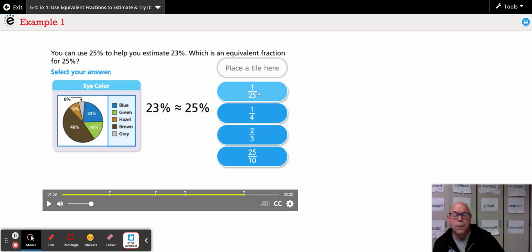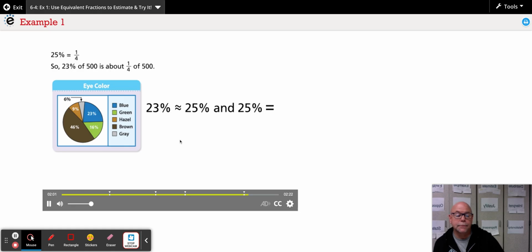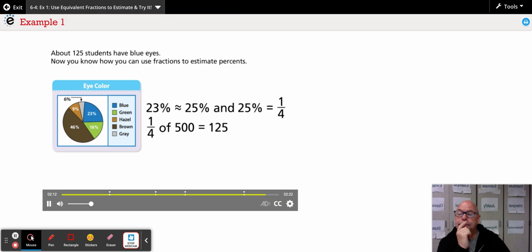So you might see the 25 here and be tempted to do 1/25th, but that would not be correct. 25%, think of money, right? 25 cents is a quarter of a dollar. So 25% is 1/4. So 23% of 500 is about 1/4 of 500. About 125 students have blue eyes.